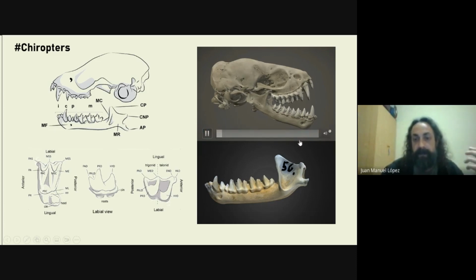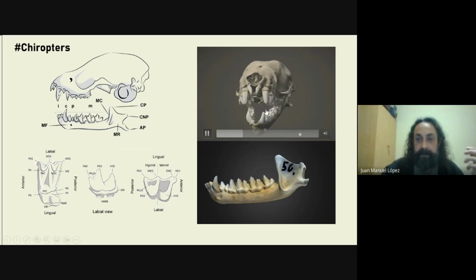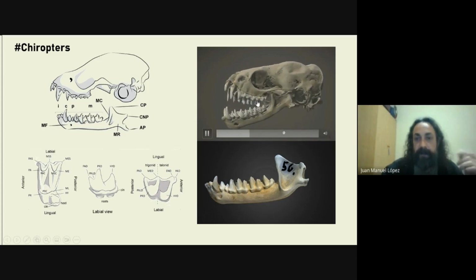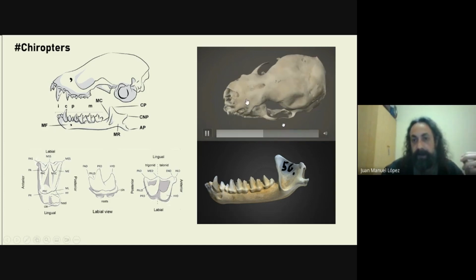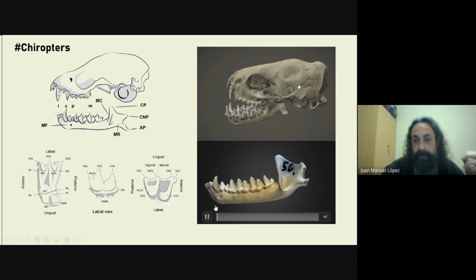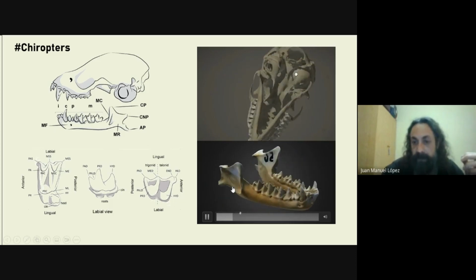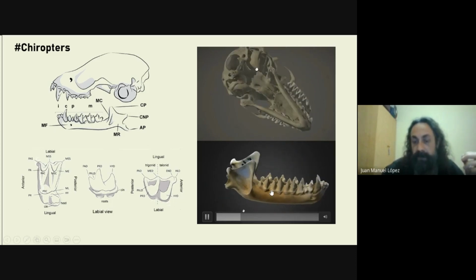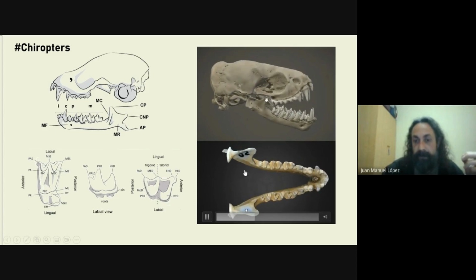If you find a mandible or cranium, they have this very broad canine. This is the canine with the mandible, and this is another mandible, and you can see here the morphology of the teeth, and this is the ascending ramus of the mandible, etc.